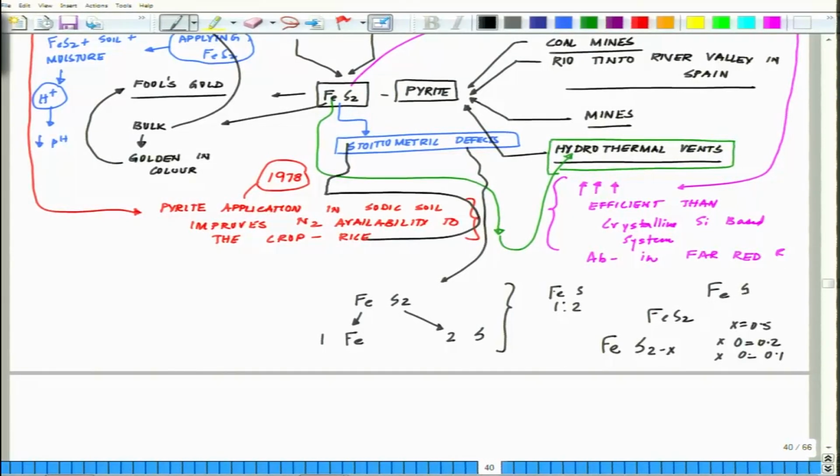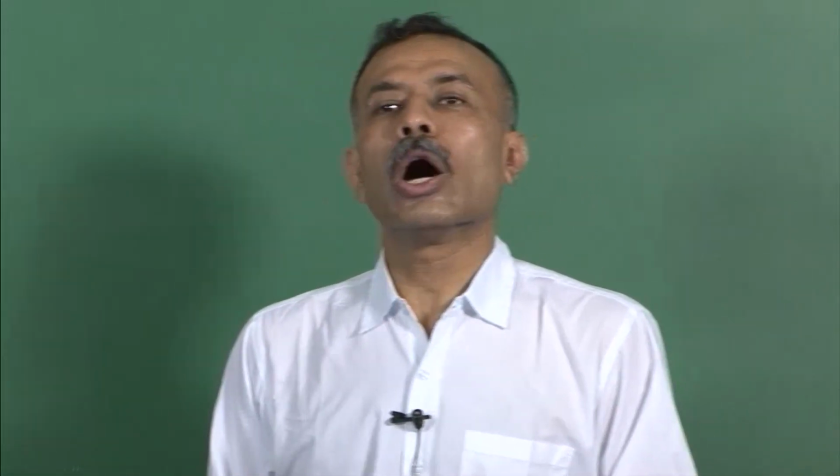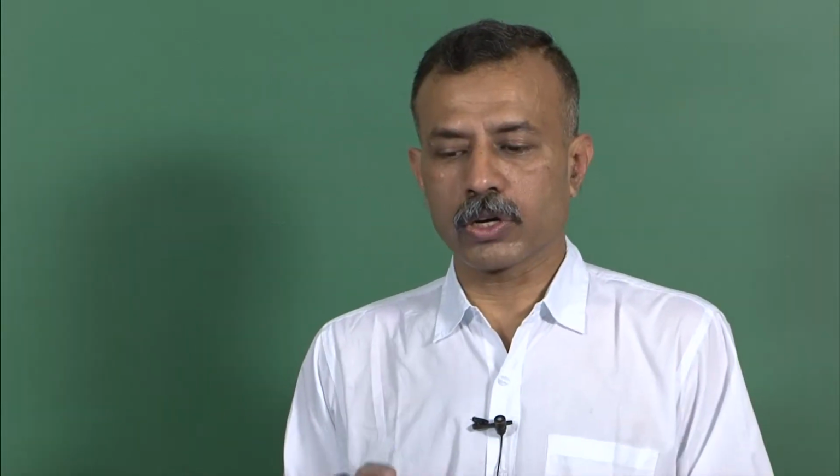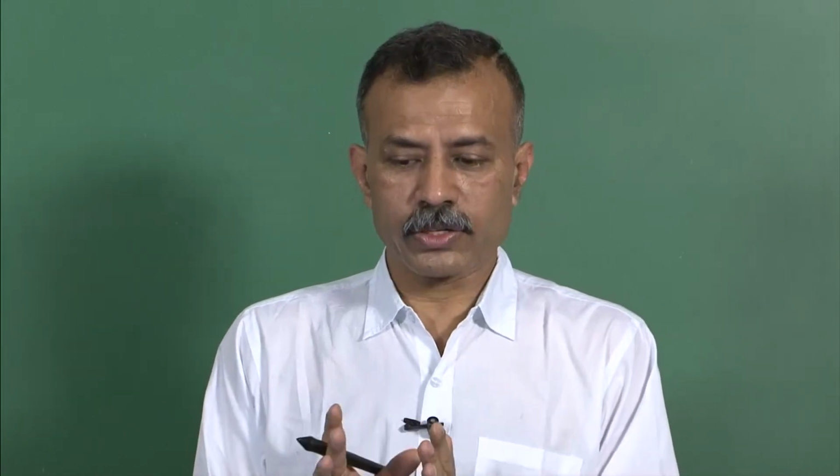A stoichiometric defect plays a critical role in the surface property of these molecules, and it is very critical for you to understand that iron pyrite comes with a set of stoichiometric defects, and that is why a lot of its application in electronics got hampered. But there is a positive side to it, and we will come to that later.